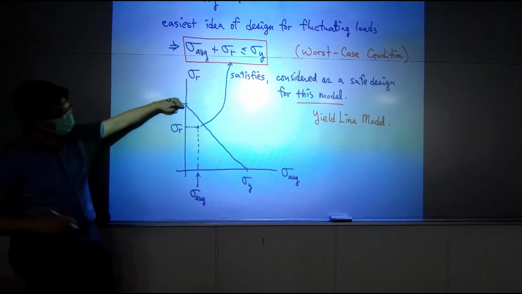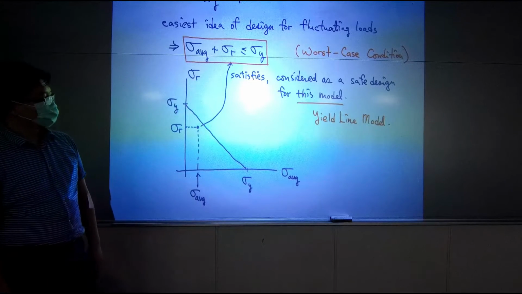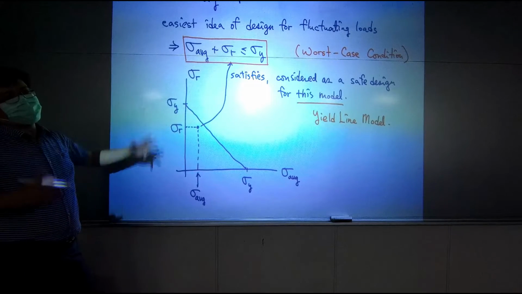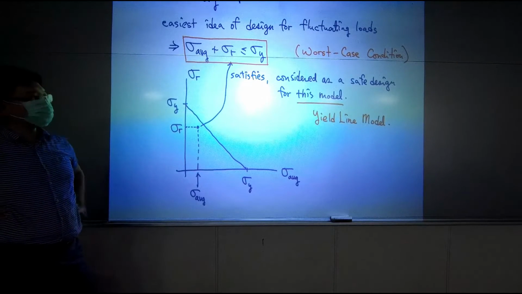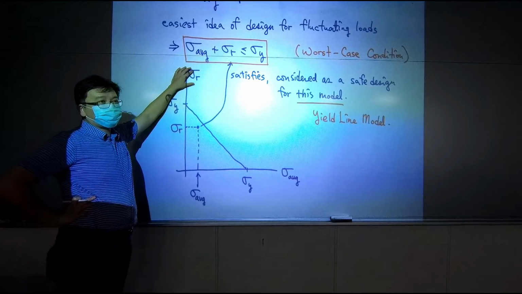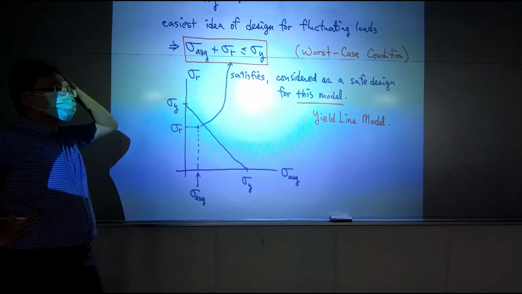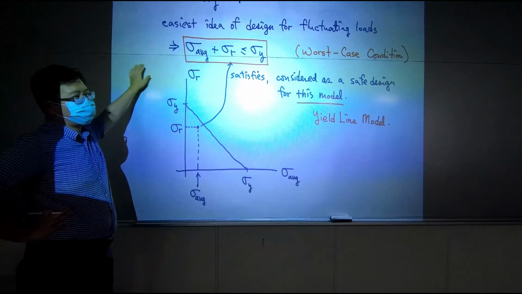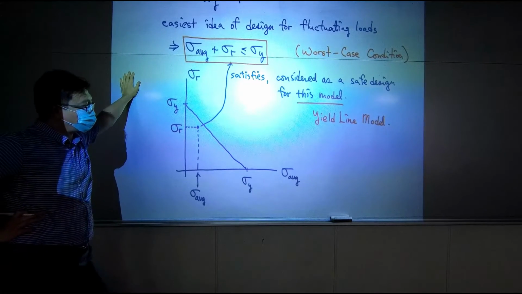So they call this line the yield line. Okay? So this is the simplest idea, to worry about range stress or fluctuating stress or amplitude stress, no matter what kind of name you want to call it.